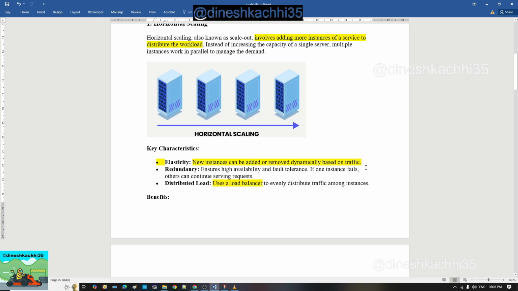Let's see one more use case or example. In India, there is the IRCTC website, and at 10 a.m. is the Tatkal timing, where everyone logs in and searches for a Tatkal ticket. At that time, the number of users is very high.